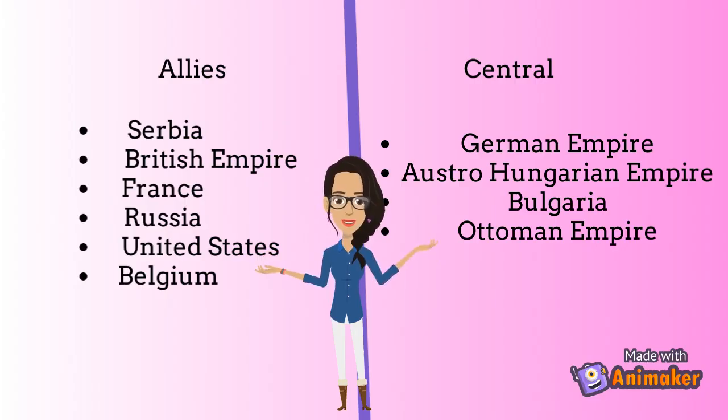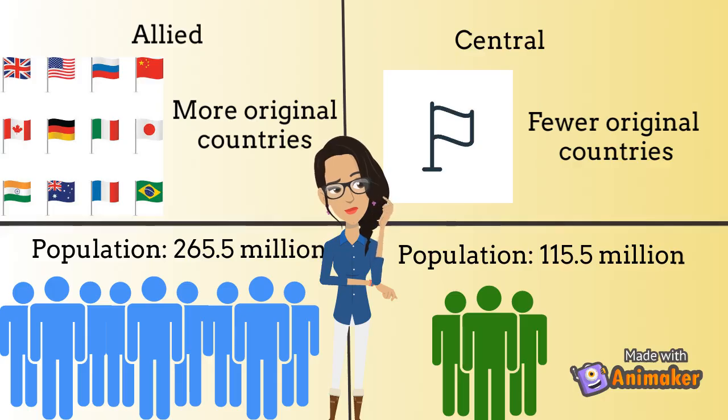Another major difference was that the Allied powers were supporting Serbia's side of the war. On the other hand, the Central Powers were supporting Austria-Hungary's side. As shown before, there were fewer original countries on the side of the Central Powers than that of the Allies.